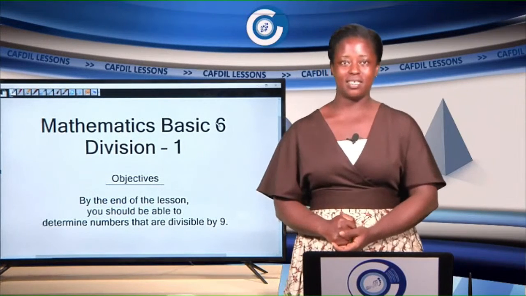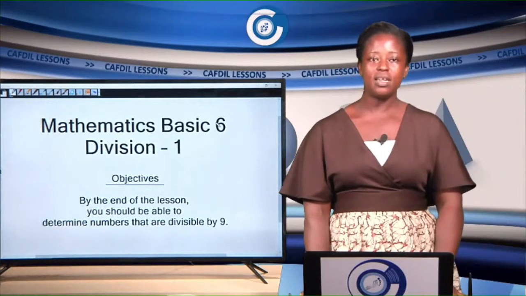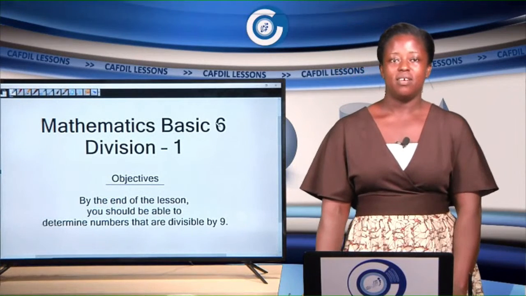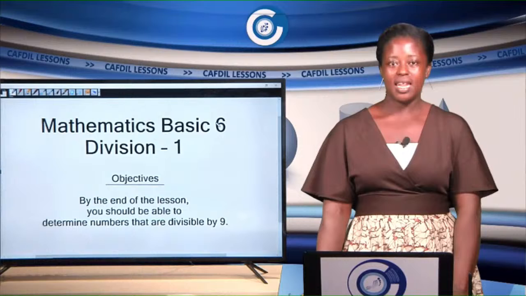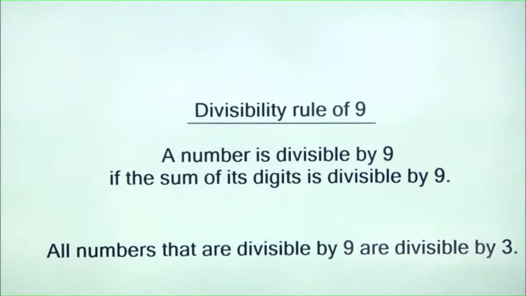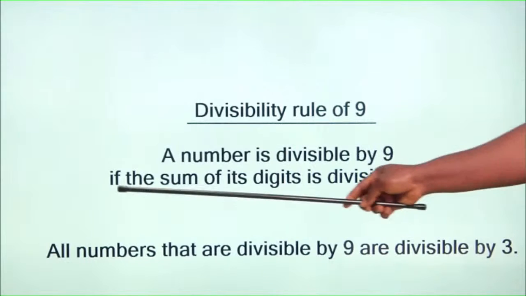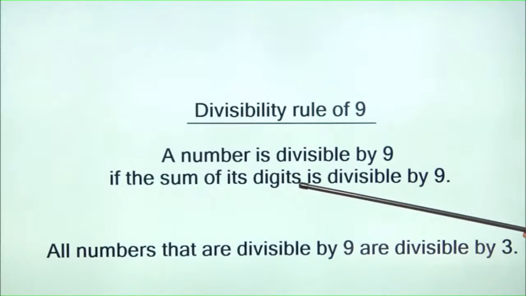Before we can do that, there is a rule that we must follow, and that rule is the divisibility rule of 9. Now let's look at the rule. A number is divisible by 9 if the sum of its digits is divisible by 9.